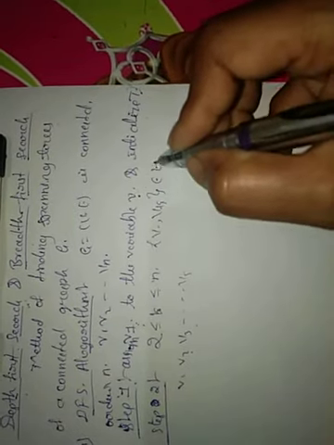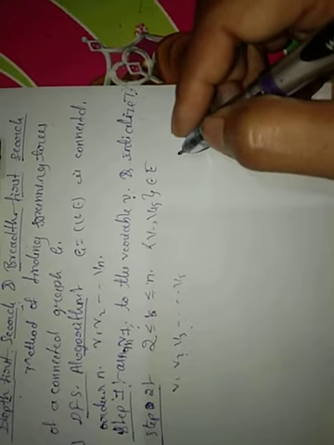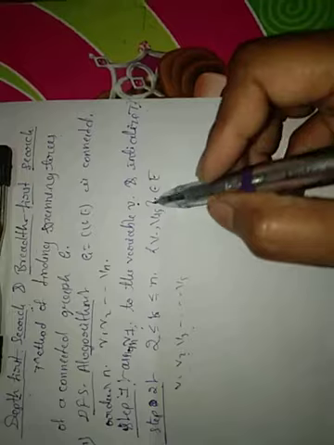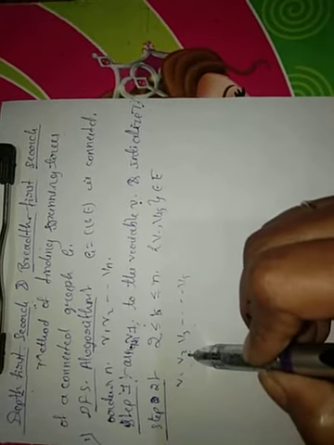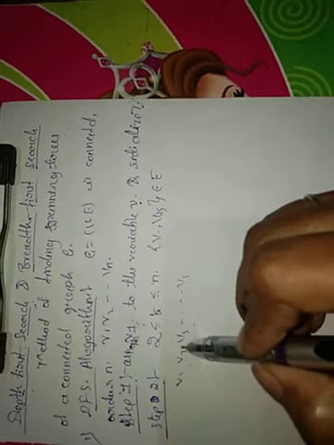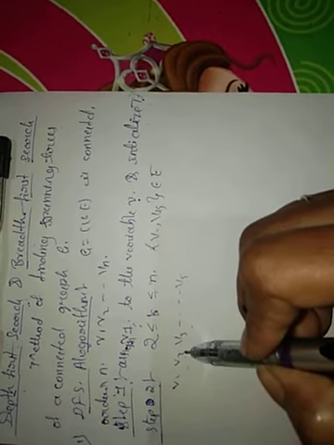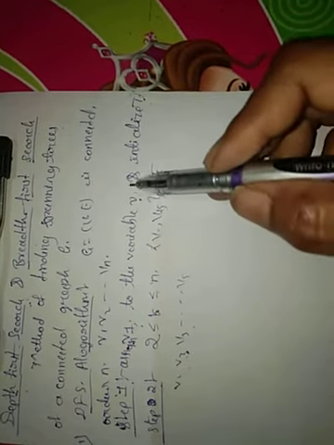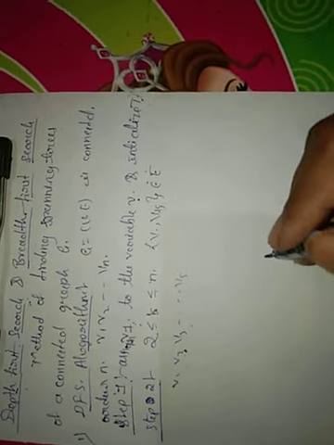Suppose V, Vk belongs to E and Vk has not already been included in T, because we have used only V1 so far. V2 has not been used in the graph, so if Vk has not been included in T, then we move to the next step.